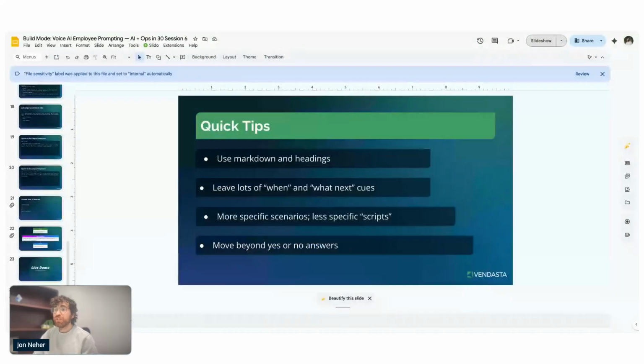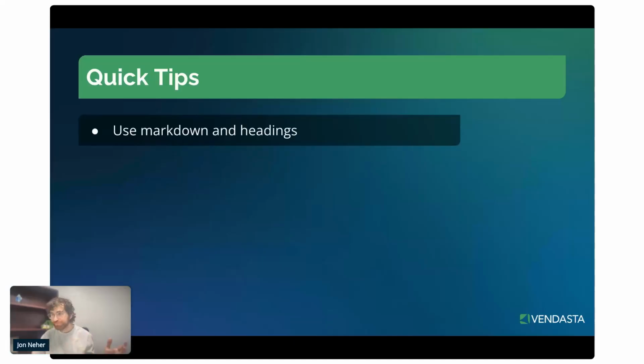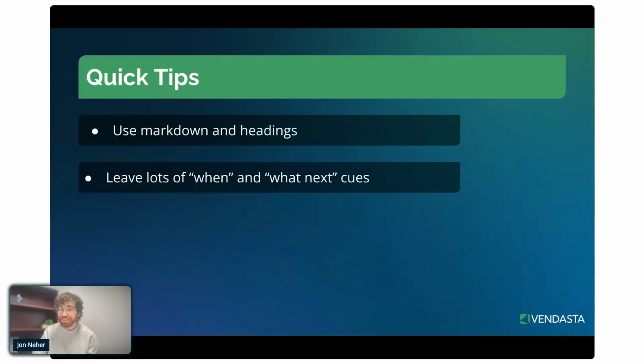So my quick tips, you can see them there already, but let's go one by one. Use Markdown and headings. Really understand that those Markdown and headings that you're using, because the way that you format that makes it easier for AI to understand how to go through the conversation. Leave lots of when and what's next cues.